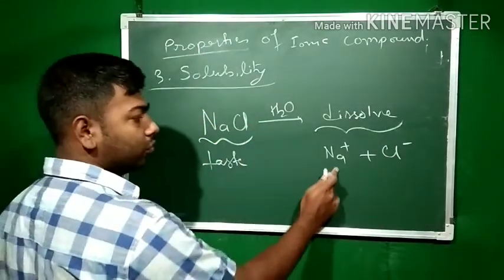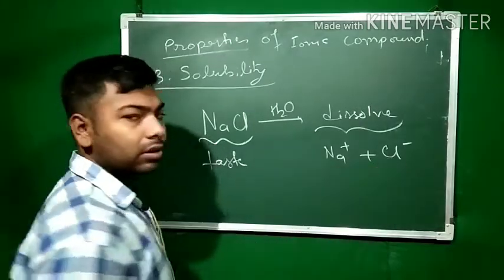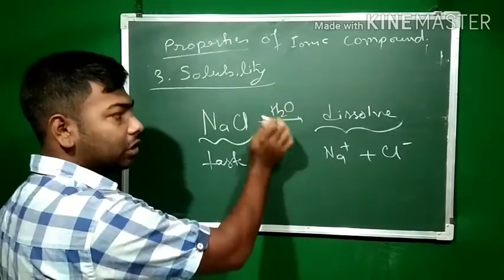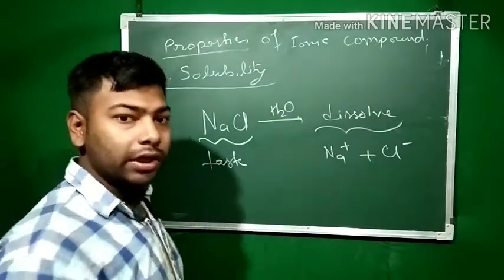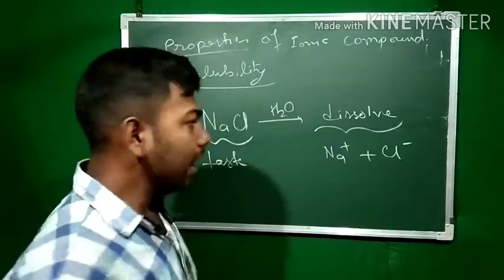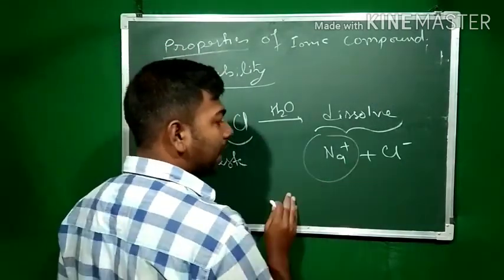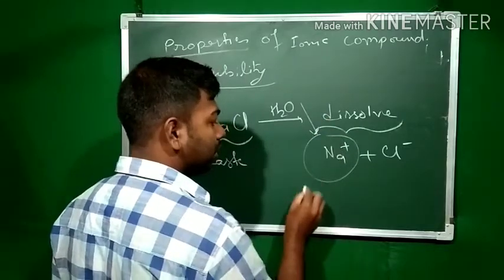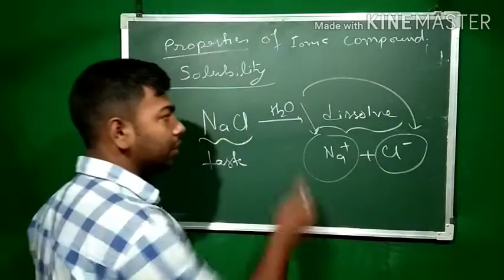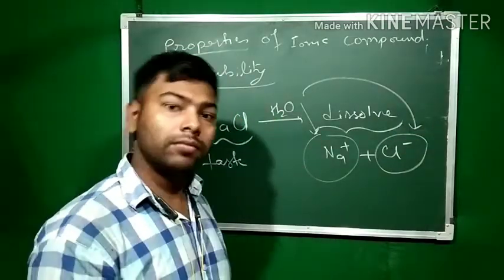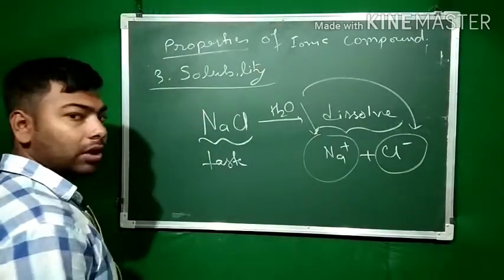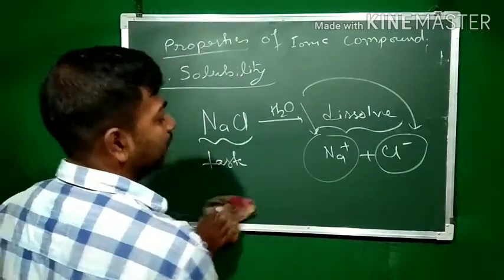A particular salt, when it dissolves in water, dissociates into its corresponding ions, and these ions are stabilized by water. That's why we need water to dissolve. Understood? See the next.